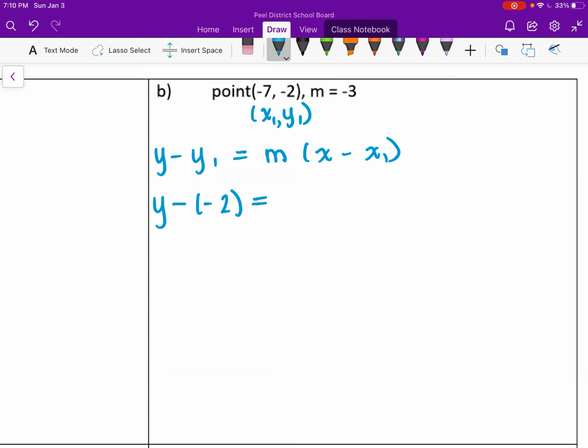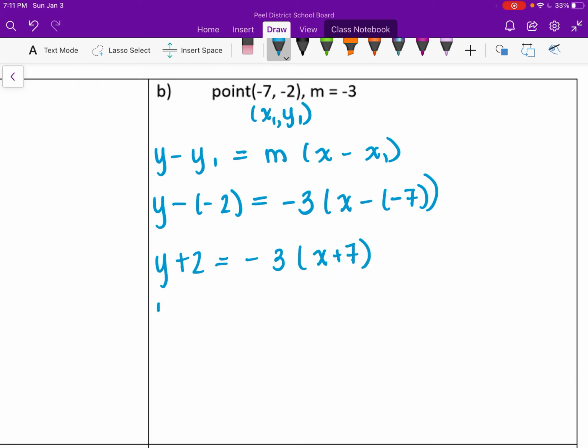Always make sure it's in brackets when you sub it in because that changes the equation. -3 x minus -7, right? Let's simplify. The negative and the negative becomes a positive, equals -3. Let's simplify in here. Negative and negative becomes a positive, right?